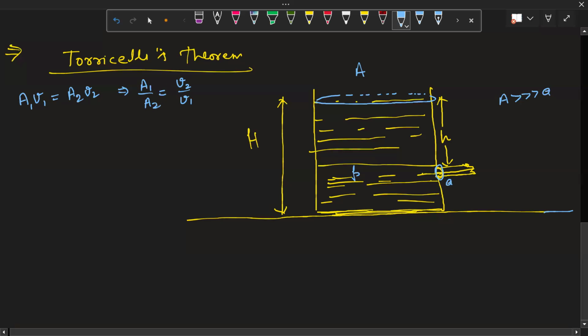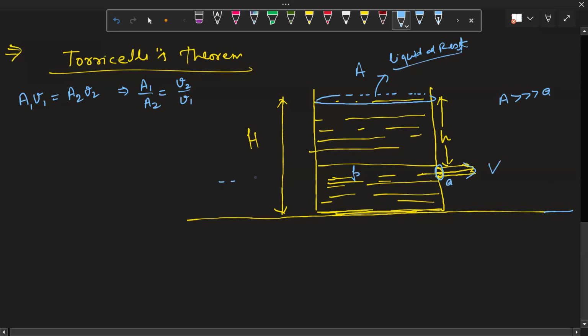So it proves that if area is more, speed will be less. So here area is far, far greater, so speed will be far, far less. So we can assume that here the liquid is at rest, because the area is greater. Whereas here it is coming out with some speed v.